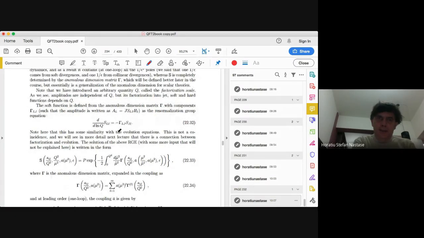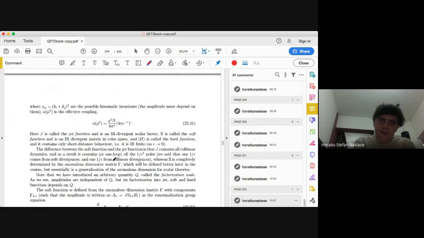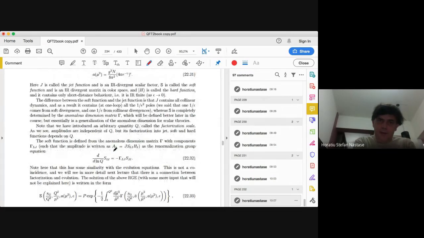Now, I said that S is defined through the anomalous dimension matrix. So this is a matrix relation, which means this is a vector. If I write it in indices in this color structure, I would write A_L equal to J, which is just a number, times S_LI times H_I. H is also a column vector.